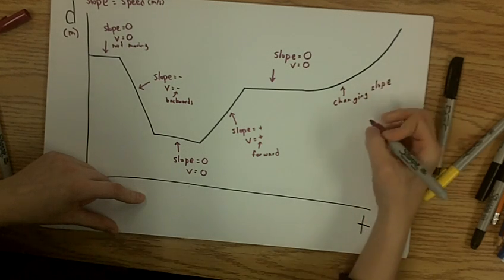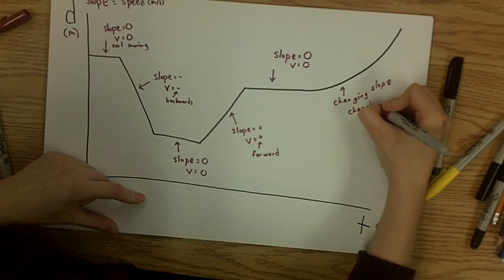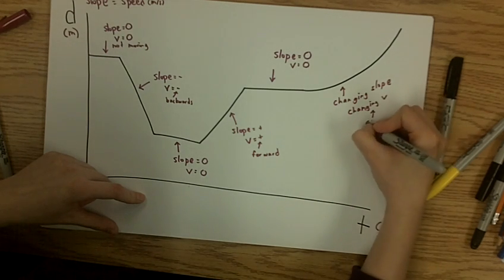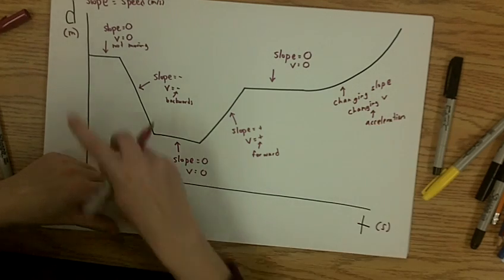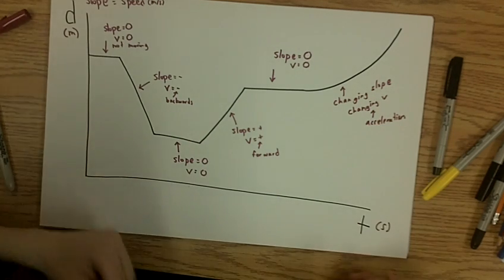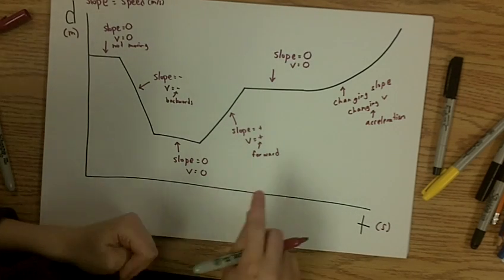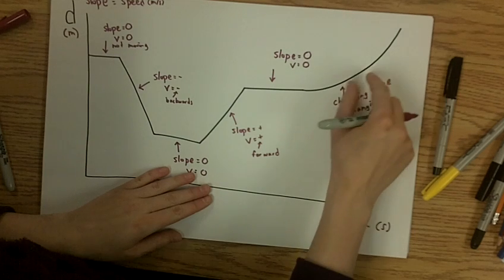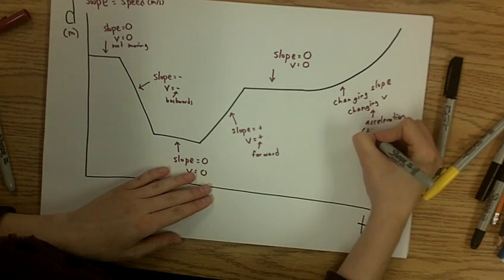If the slope is changing, therefore we have changing v. Changing speed or velocity means acceleration. So a curved line on a DT graph is acceleration. And you can tell whether it's getting faster or slower by what's going on. Since it's getting steeper and steeper, the value of the velocity is getting bigger and bigger. So this one is speeding up.